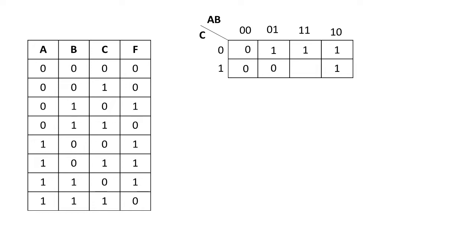Now we observe the last row, 111. AB is 11 and C is also 1, and the function value is 0. Put the function value in this position. So now we have successfully drawn the K-map using this truth table, which is given on our left.